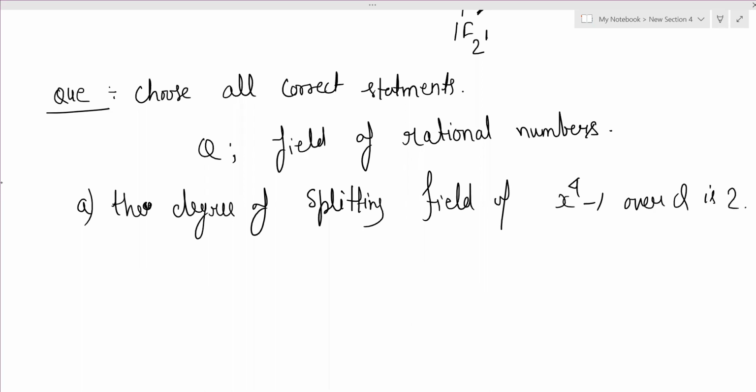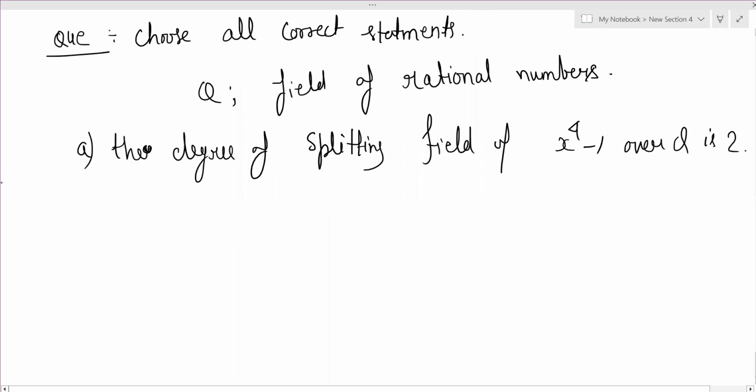Tell me, is this true or not? You know splitting field, you know degree of a field extension. So tell me, is this statement true or not? What is the degree of a field extension?